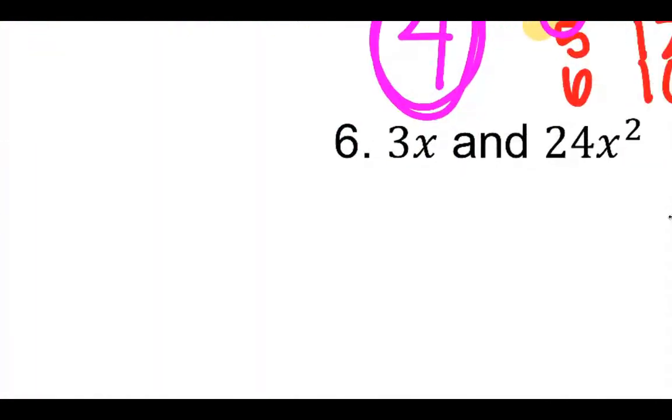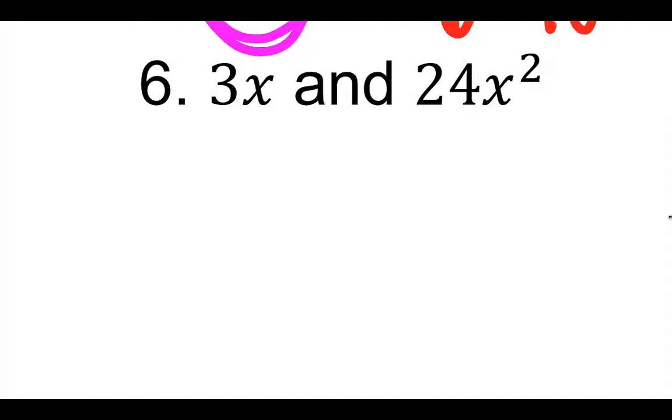So like if I look at number 6, now I'm going to mix it up. We're going to put numbers and variables into it. So like 3x is literally just 3 times x. 24, we got to break down 24 a little bit.